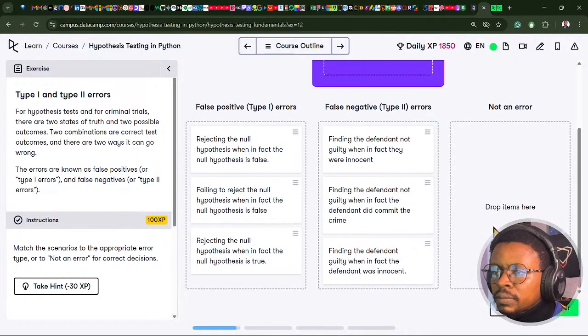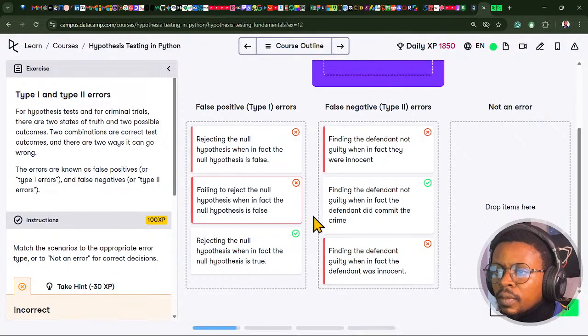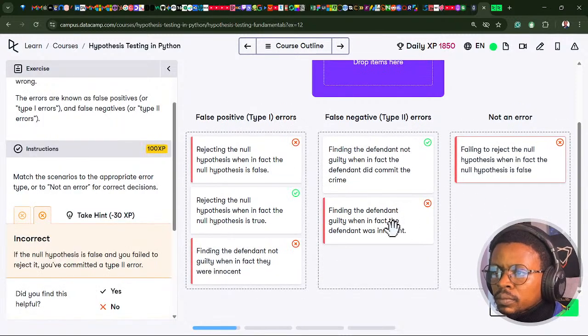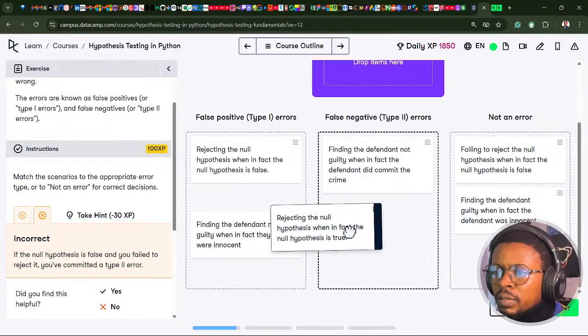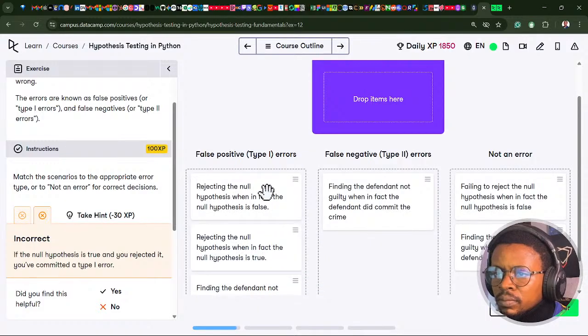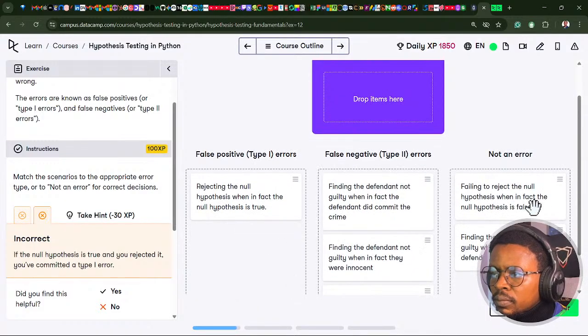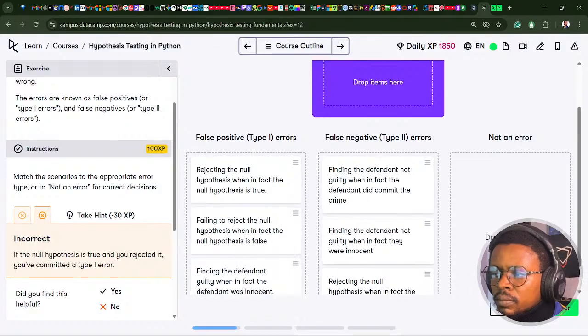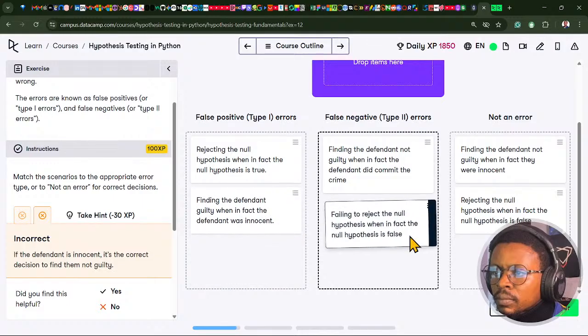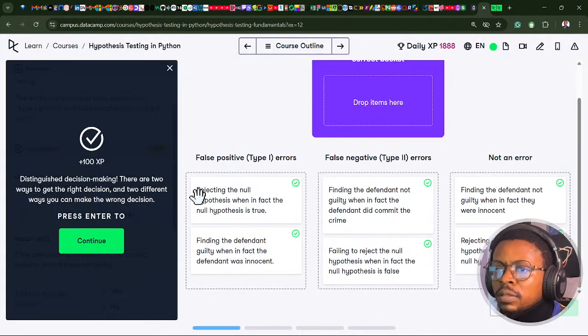Let's look at it again. So false positive type 1 error: rejecting the null hypothesis when in fact the null hypothesis is true.